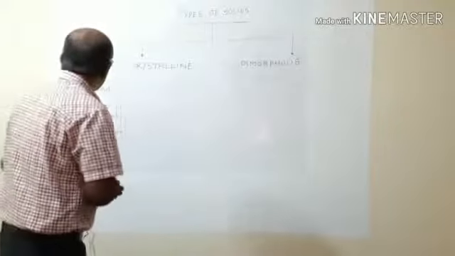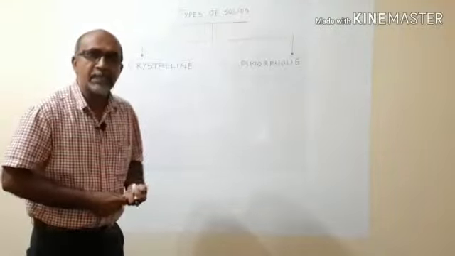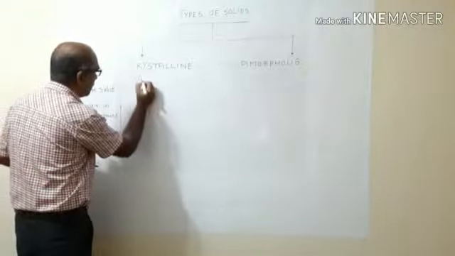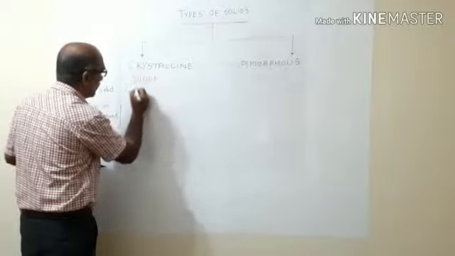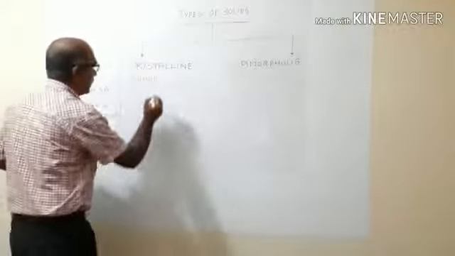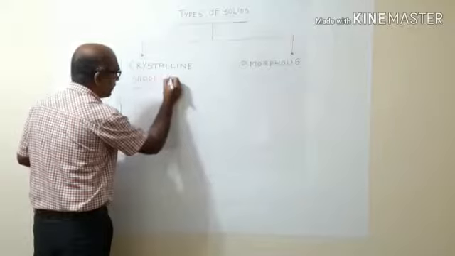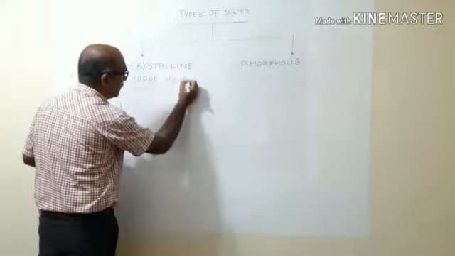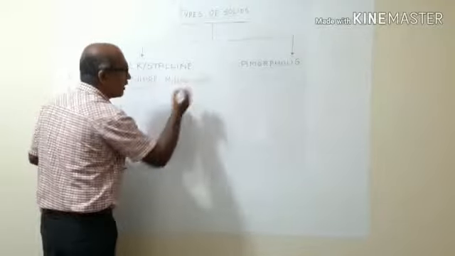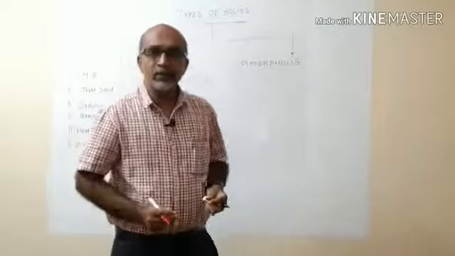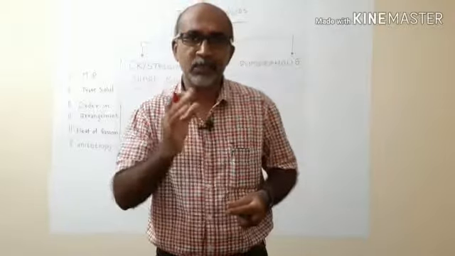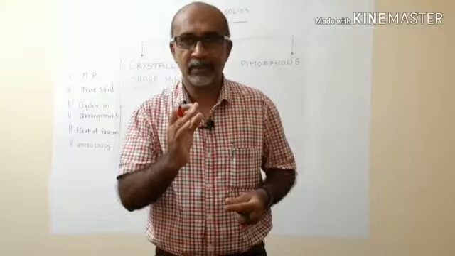First of all, the melting point. These crystalline solids possess a sharp melting point, it's very important. Whereas amorphous solids gradually melt over a range of temperature. There is no specific temperature.